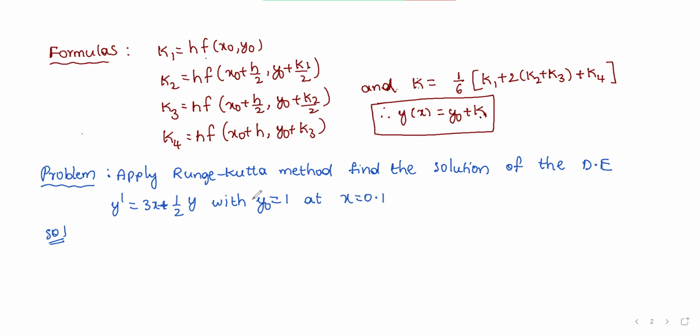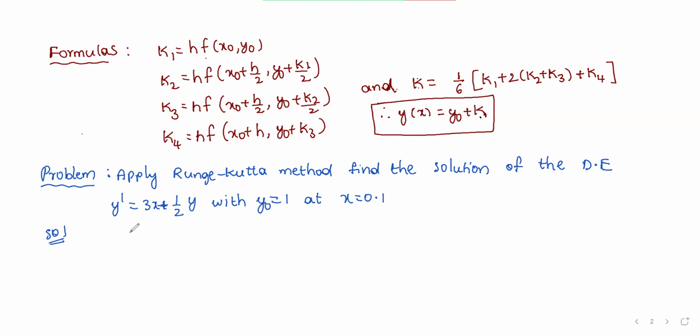Apply Runge-Kutta method. Find the solution of the differential equation y dash is equal to 3x plus 1 by 2 into y with y naught is equal to 1 at x is equal to 0.1. Solution.